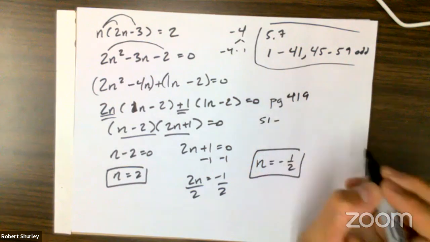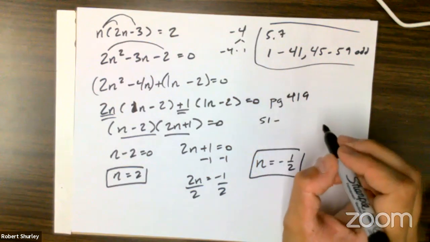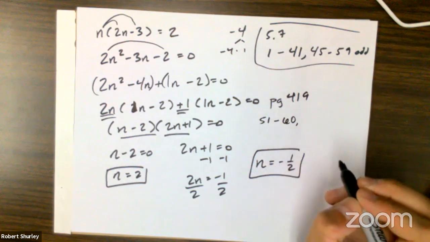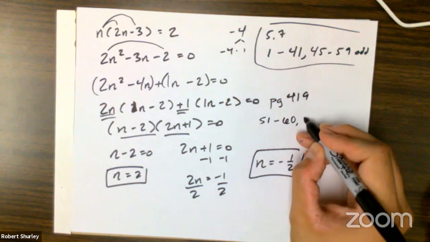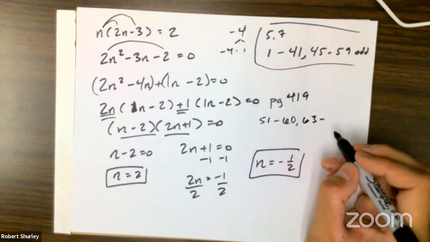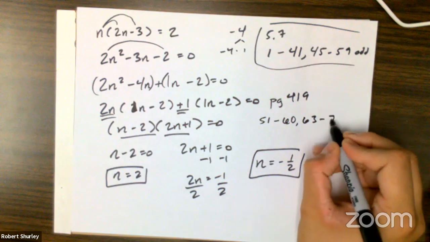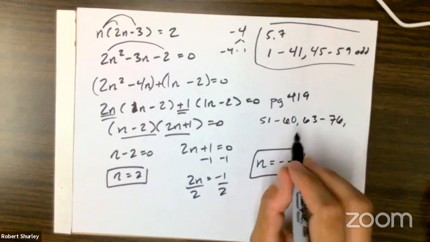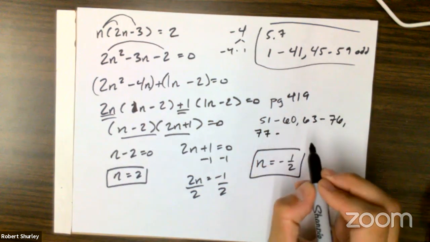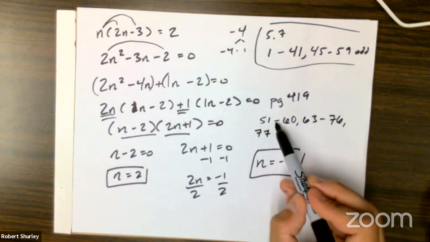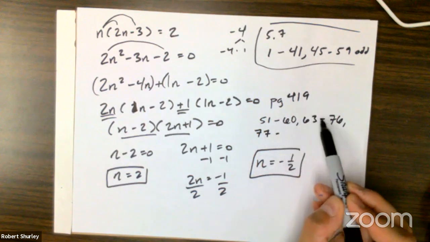So I would do 51 through 60, and then 63 through 76. You'll see these are breaking down: this is the stuff from 5.4, this is 5.5.